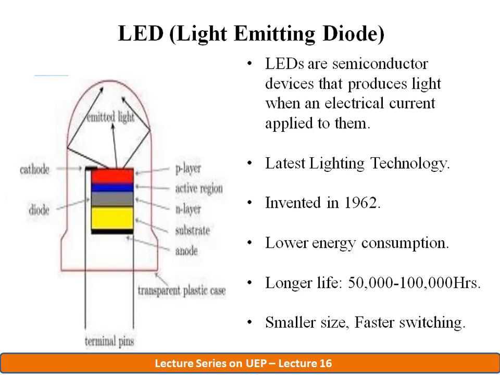A 60 watt lamp emits 64 grams of CO2 per hour, and a 15 watt CFL emits only 16 grams per hour. LED life is about 50,000 hours to 1 lakh hours, and LEDs are smaller in size with fast switching.